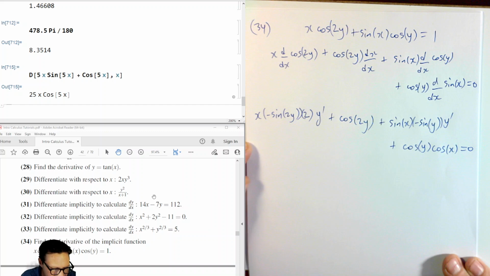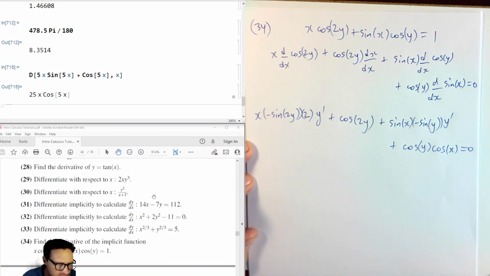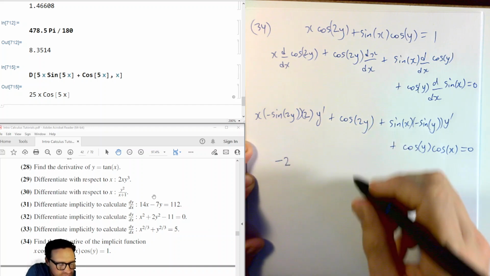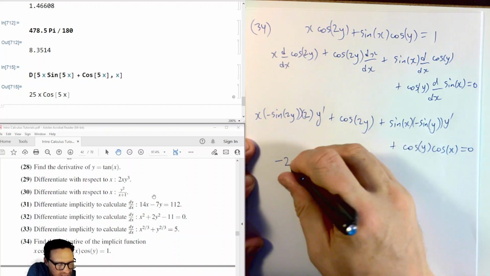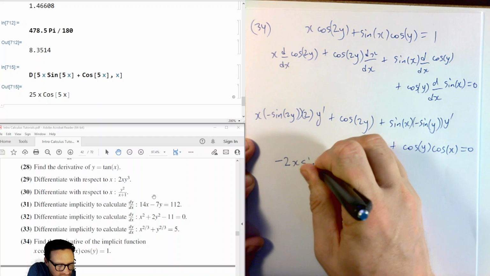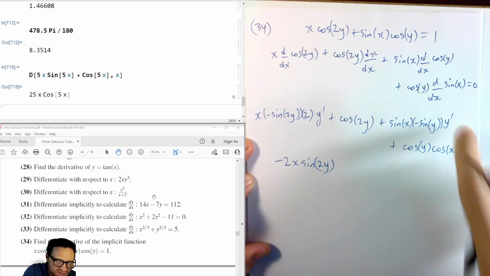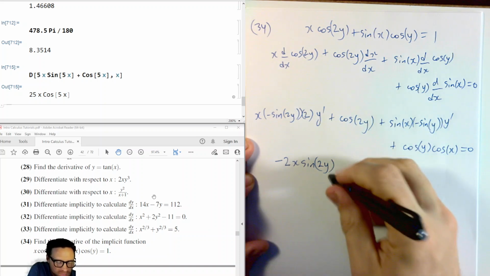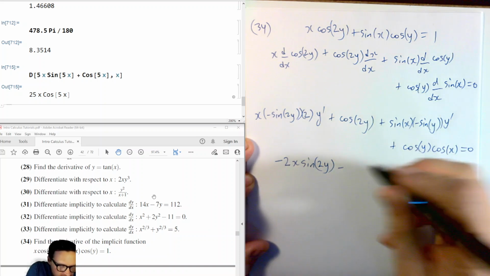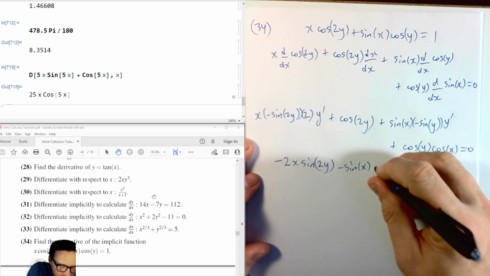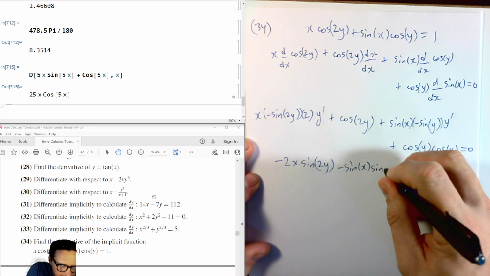So we need to tidy some things up now. So we have minus 2x sine of 2y times y', but there's another y' over here. So let's put minus sine x sine y.